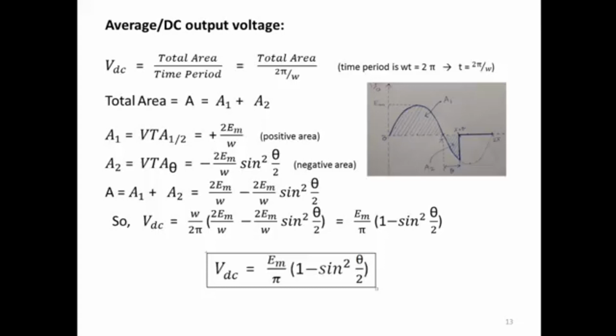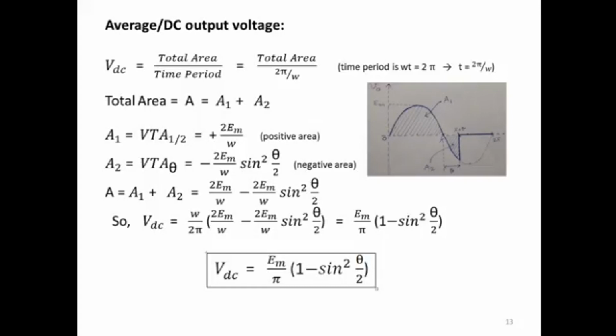It is below the x-axis. It is for the negative y-axis. I repeat myself: A1 is the positive area because it exists above the x-axis, for positive values of voltage. A2 is a negative area because it exists for negative values of output voltage.